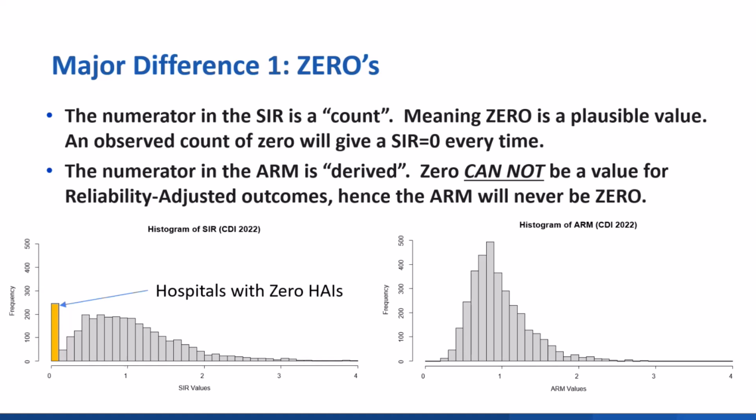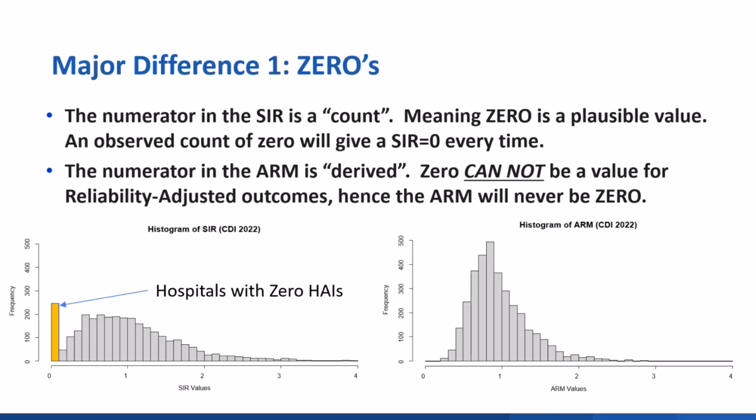So remember that the SIR, the standard infection ratio, the numerator is a count. And that means 0 is a plausible value. And not only is 0 a plausible value, it's often a very frequent value that we run into. And if the observed count is 0, the SIR will be 0 every time. 0 divided by any number will give you 0.